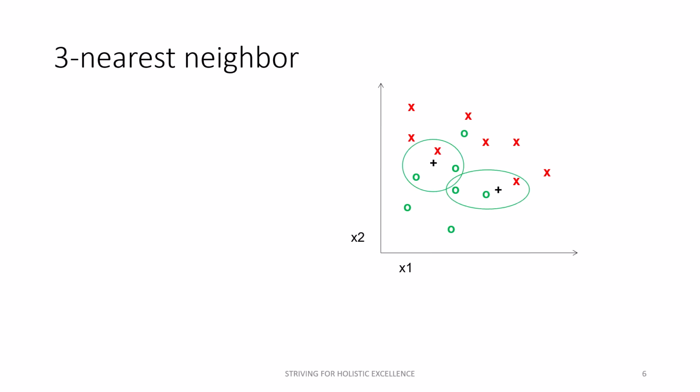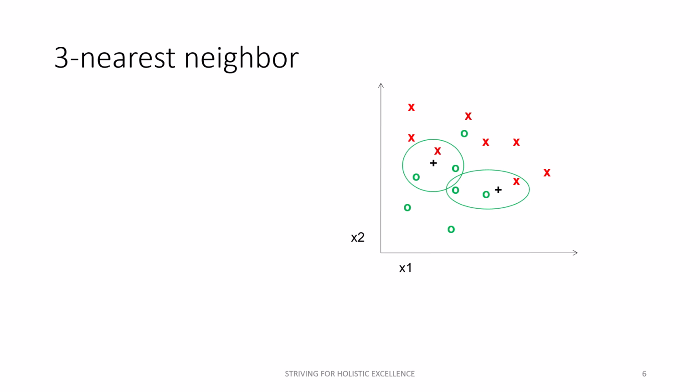Now what happens when we go for a higher value for k? Let's say we go for k equal to 3. Then it finds the 3 nearest neighbors to the new points, and as you can see, for the first point you have 2 green points and 1 red point. We take the majority vote, that is, out of these 3 data points, what is the majority category.